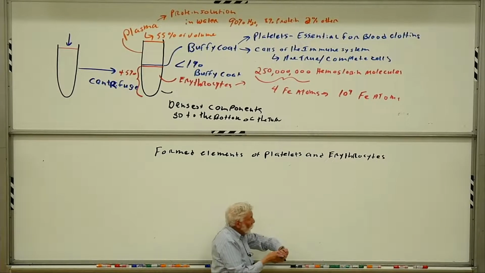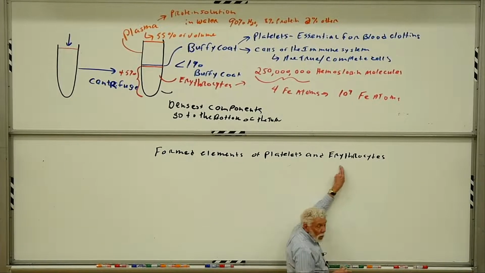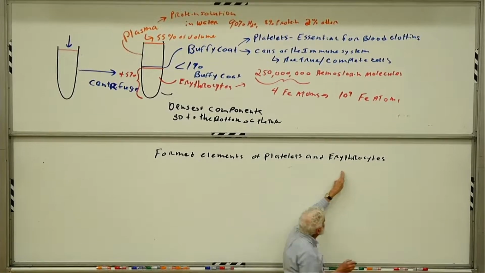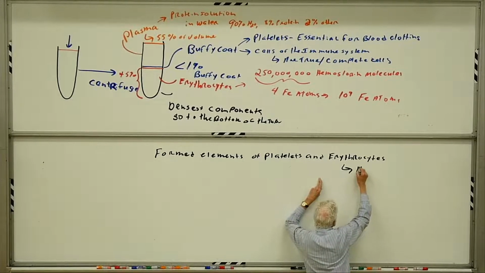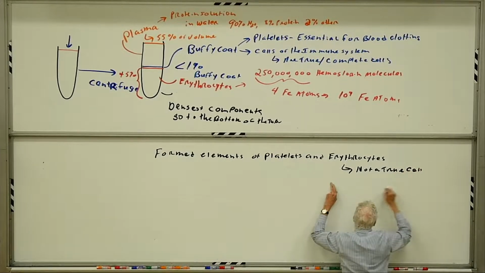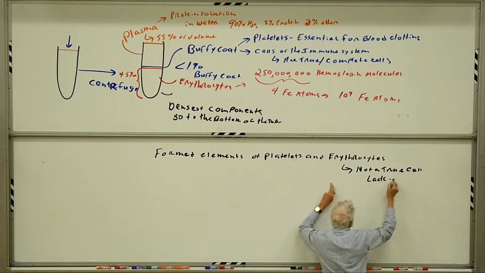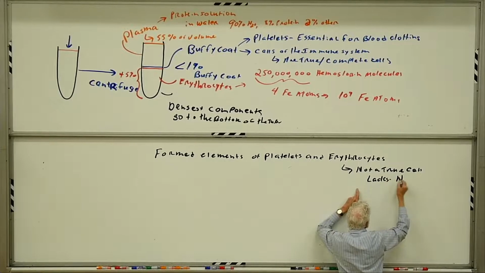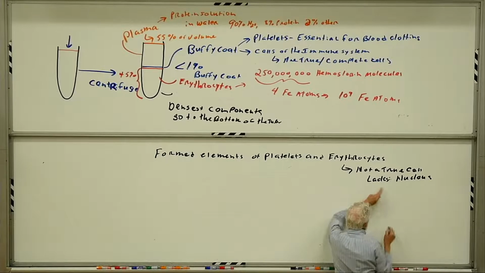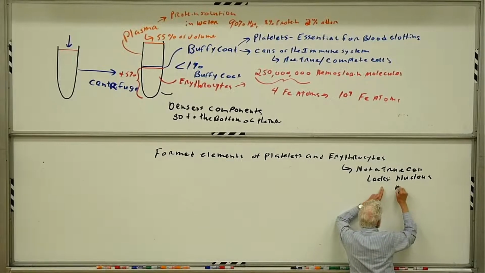Now, the other name for erythrocytes is the red blood cells, one we use all the time. But it's not a very accurate term, because when we talk about a red blood cell, that implies that it's a proper cell, but it's not. The erythrocyte is not a true cell. It lacks a nucleus. It lacks mitochondria.